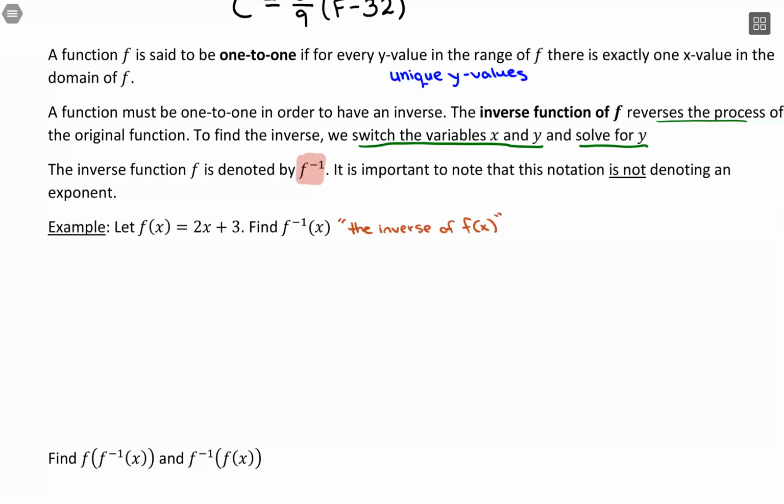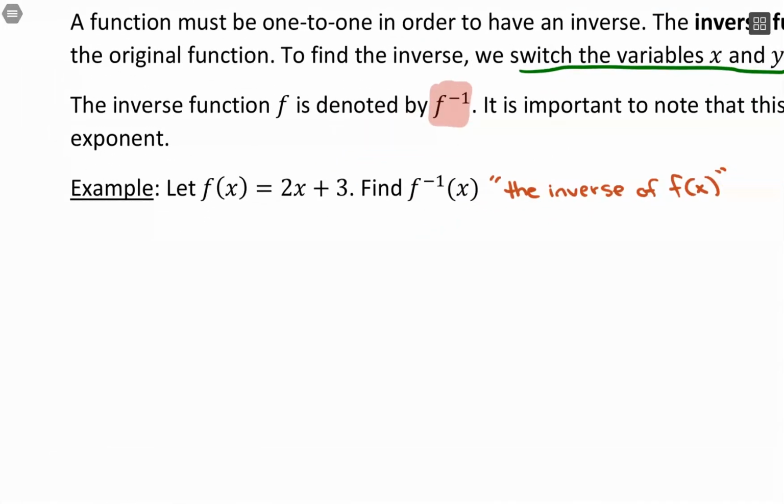Okay, so how we're going to find the inverse function is my original function. If we replace f of x, we could think of that as y. So really I have this equation, y equals 2x plus 3. And what I'm going to do is switch x and y. So I'm going to switch it so that it's x equals 2y plus 3.